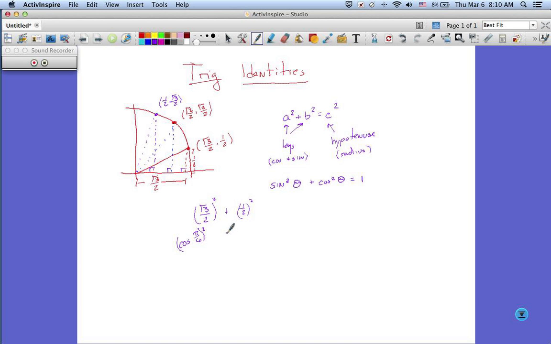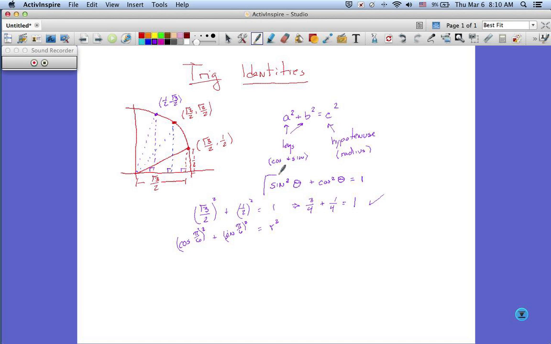Well, 1/2 is nothing more than the sine of pi over 6, squared, equals 1. And remember, the 1 is nothing more than the radius squared. So square root of 3 squared is 3, 2 squared is 4, so we have 3/4, plus 1 squared is 1, 2 squared is 4, so 1/4. And that certainly equals 1. Pythagorean theorem holds true here.